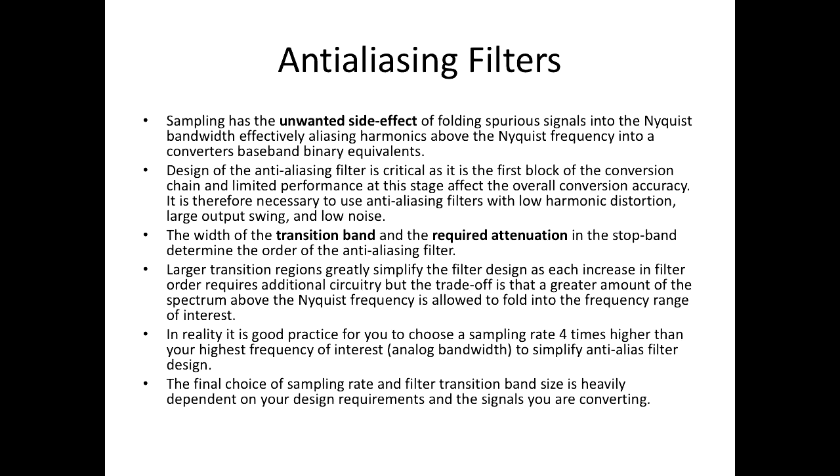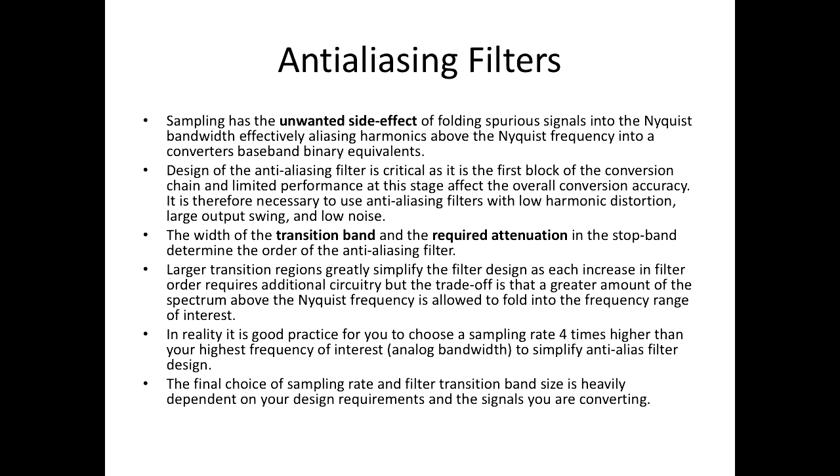So, anti-aliasing filters. Sampling has the unwanted side effect of folding spurious signals into the Nyquist bandwidth, effectively aliasing harmonics above the Nyquist frequency into a converter's baseband. We already studied anti-aliasing: you are getting the high frequencies sampled as a low frequency and folding back.